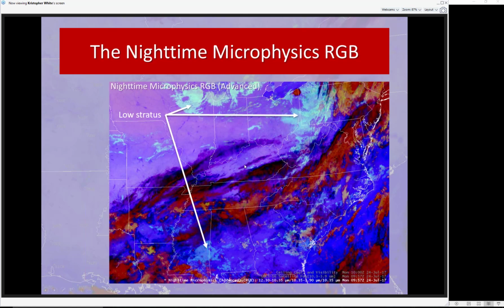And then I'll point out some other interesting features about this image a little bit later. But for the purposes of this talk, we're going to focus largely on these low clouds, okay?